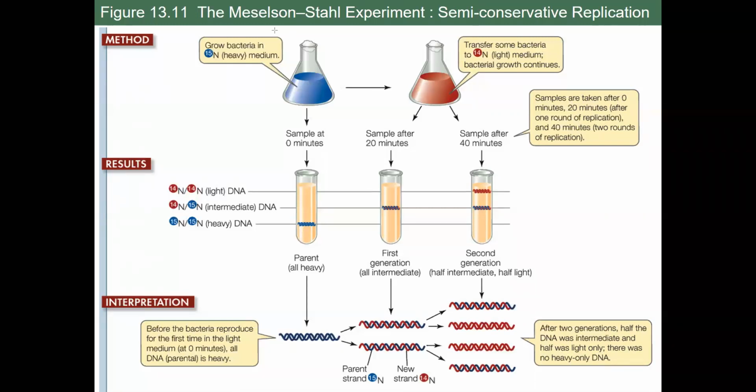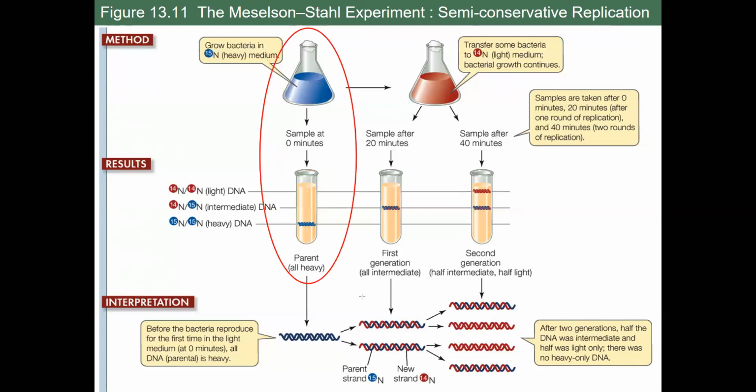Meselson and Stahl took a broth filled with heavy nitrogen, nitrogen-15, and in that broth they raised bacteria cultures over generation after generation, until eventually all of the nitrogen found in the DNA of those E. coli contained that heavy nitrogen-15.